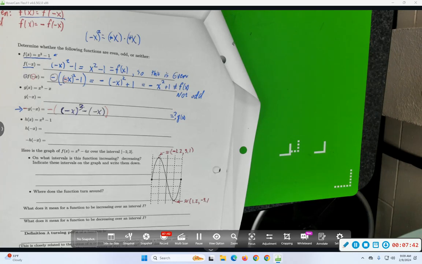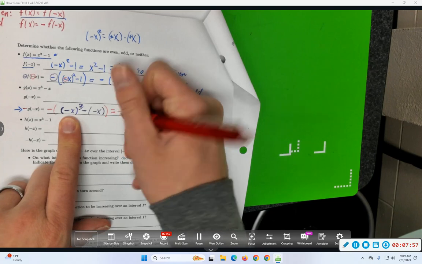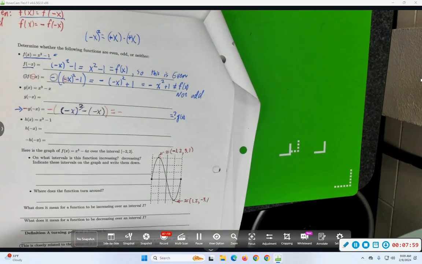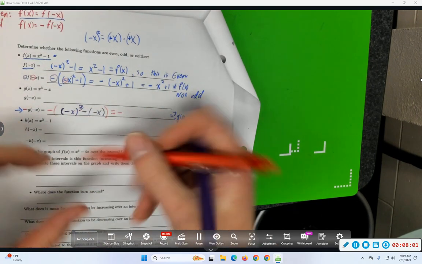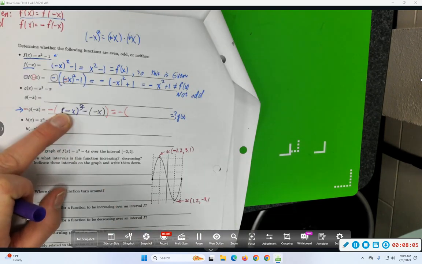All right, now we gotta simplify. What should we do? Yeah. First you do inside the parentheses, so your negative x cubed ends up being negative x cubed, and then your minus negative x equals plus x. Nice. So negative x cubed is negative x times negative x times negative x.